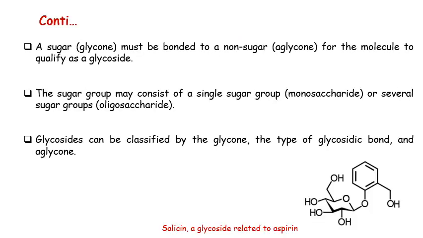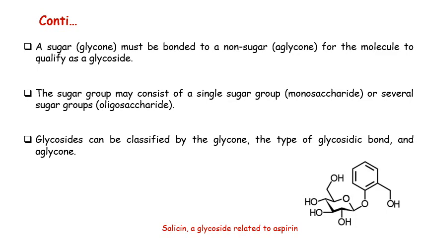Most importantly, a sugar, which we call the glycone, must be bound to a non-sugar, that is the aglycone, for the molecule to qualify as a glycoside. So a sugar must have a glycosidic bond with a non-sugar molecule, then we call it a glycoside.